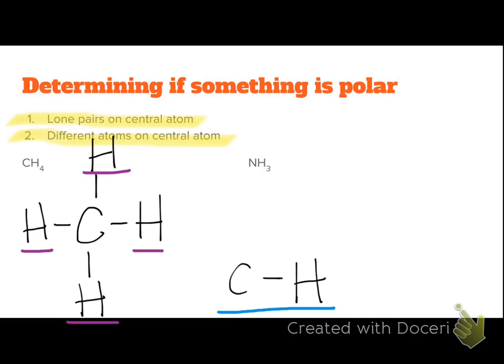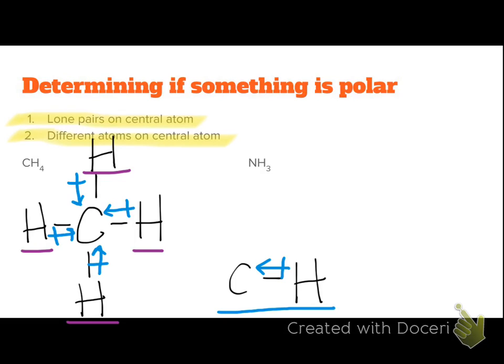So that's where you have to go back to that stuff from trends and see which atom in your bond is more electronegative. So in this one, it's carbon. So we're going to draw our arrow going right at carbon. So I can draw it right on here. And it's going to be the same for all of them because all of them are carbon-hydrogen bonds.